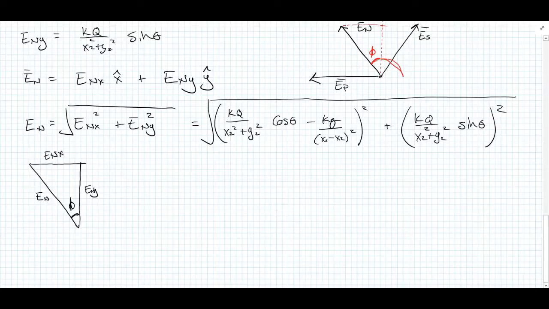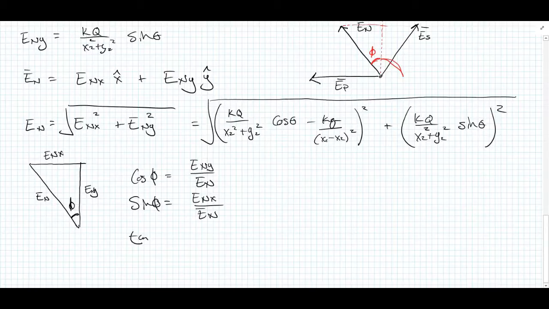If I look at the trig identities, cosine of that angle is the adjacent over the hypotenuse, so that's net y over net. Sine of that angle is the opposite over the hypotenuse, so that's e sub n x over the net.